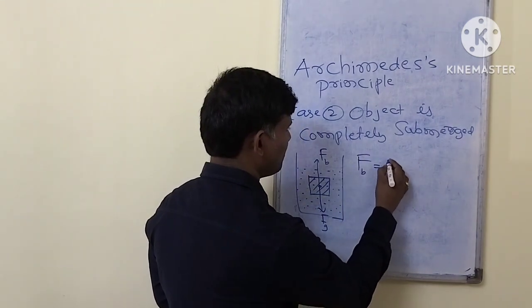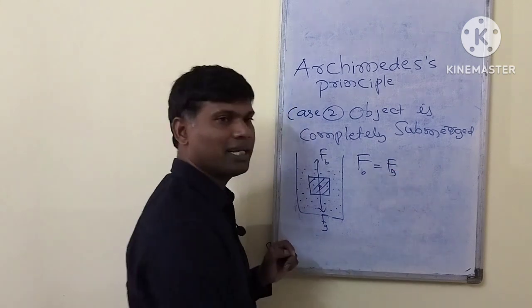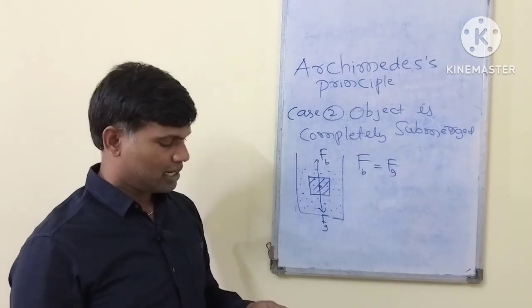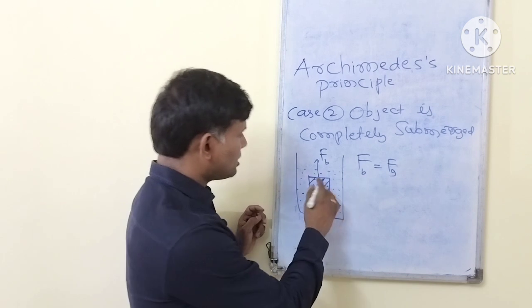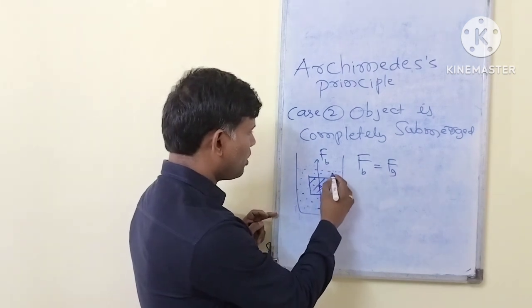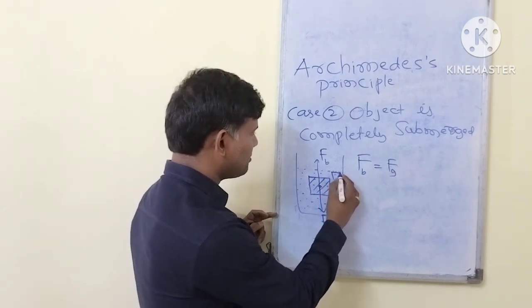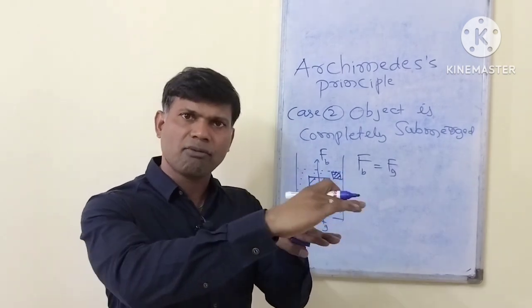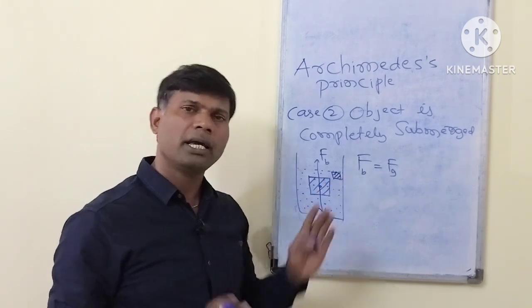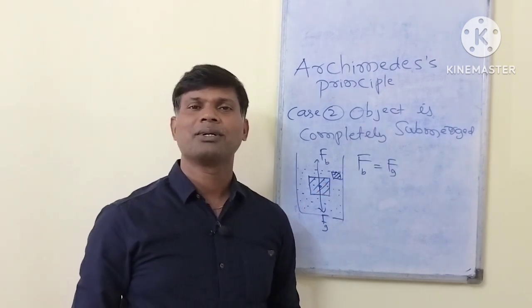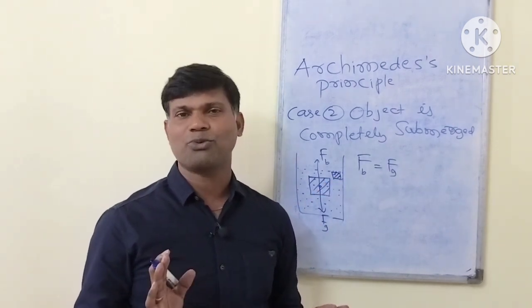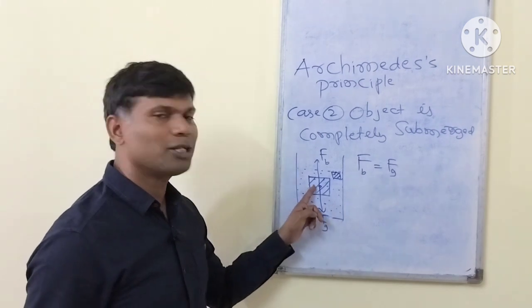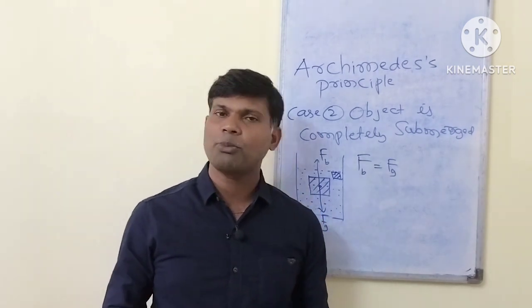Fb is equal to Fg. Suppose one more object is just submerged. You take another object just below the surface of the fluid. Here also the downward force is equal to the upward force.